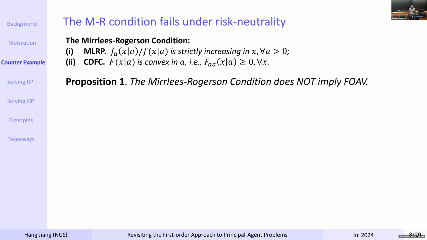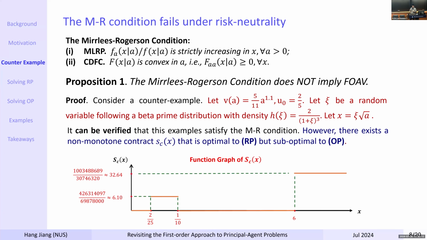The first one is MLRP. It's very general and holds in almost all distributions. But the second condition is the convexity condition. It's not very general. We will discuss this later. And this is our counterexample.